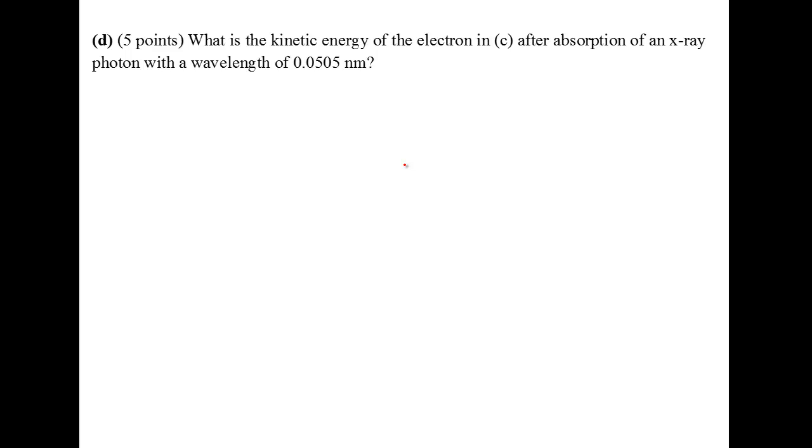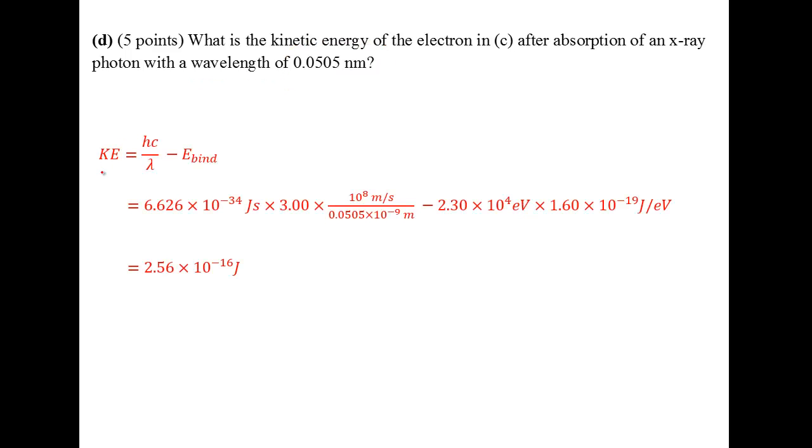Now, what is the kinetic energy of the electron that is emitted by the X-ray, which has a wavelength of 0.0505 nanometers? Kinetic energy is equal to the energy of the photon minus the binding energy, which is also denoted as psi. Now you plug everything into this formula.